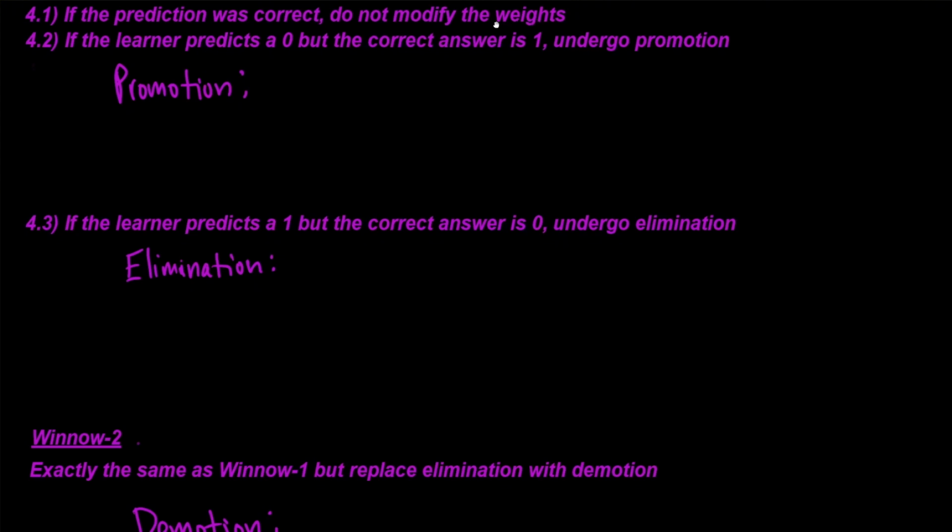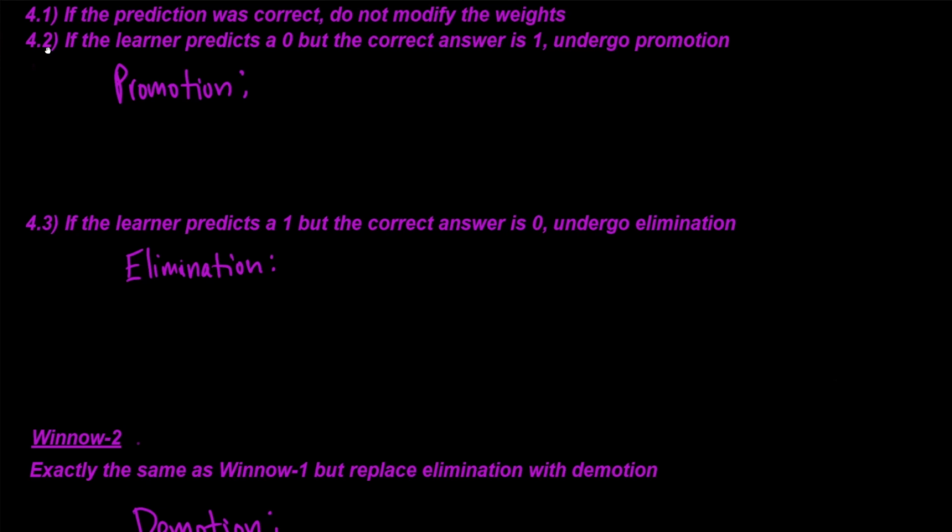Now, why not? Well, if our prediction is correct, then why modify the weights, right? There's no reason for us to decrease or increase the weights because our prediction was correct. So as far as we know, the weights are in the right spot. So that is why in this scenario, if the prediction was correct, we don't modify any of the weights. So that is the first possibility.